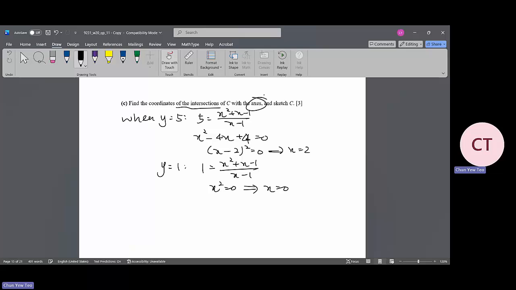That means the x-intercept and the y-intercept. For the y-intercept, we already let x equal to 0. Now we want to let y equal to 0. So for y equal to 0, your numerator must be 0. That will give you x equal to negative b plus minus the square root of b squared minus 4ac, over 2a.